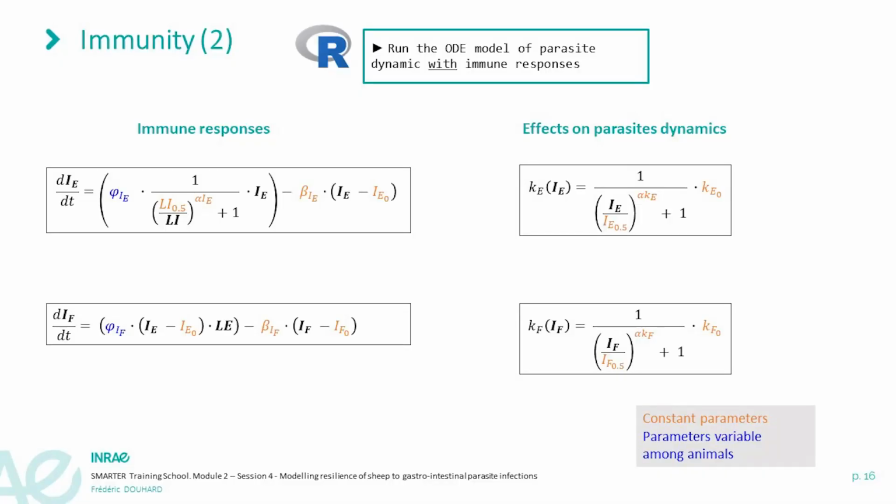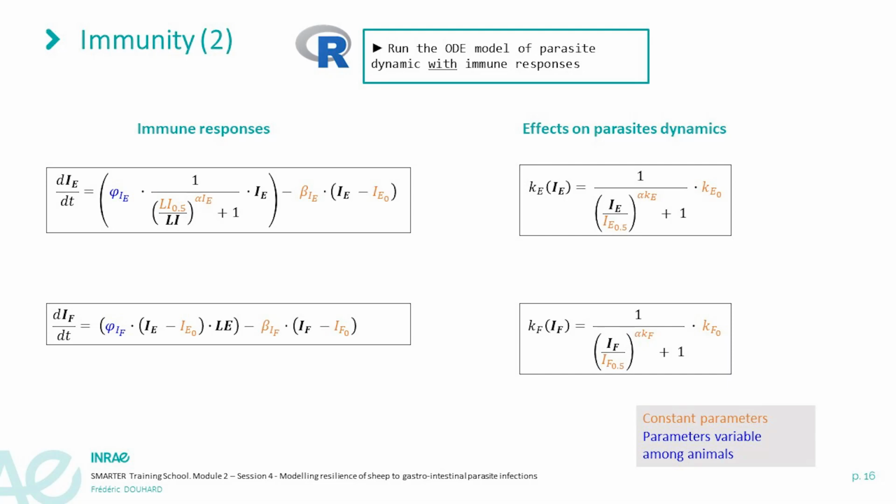So, yeah, I won't go into the details of the equations, but just know that we have equations behind the interaction. So we have an equation for the immune response, how the immune response grows according to the presence of the parasites. The parasites here is the number of larvae ingested.